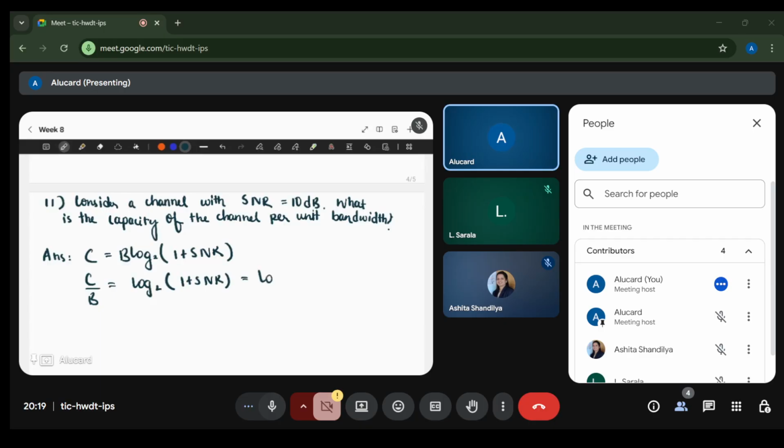In this question, the SNR is 10 dB, so it's 1 plus 10, which is 3.46 bits per second per hertz.